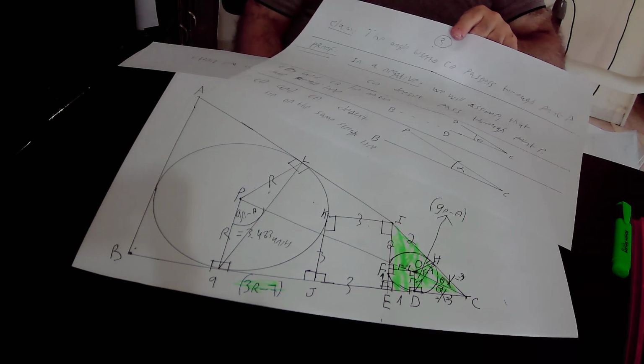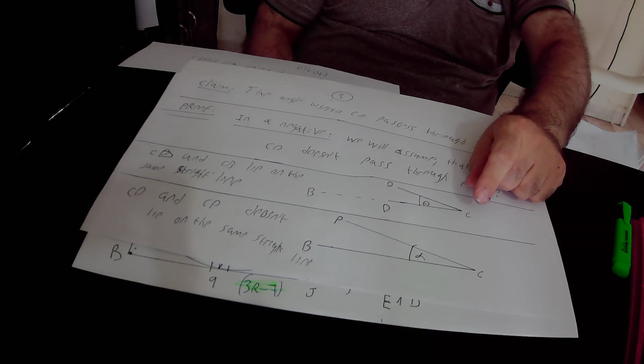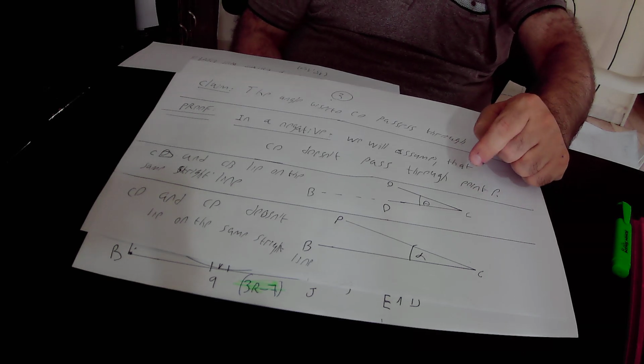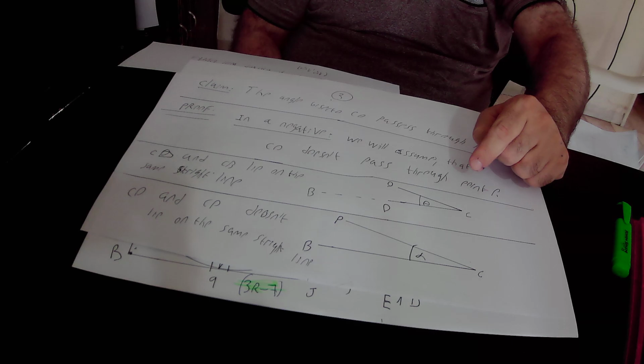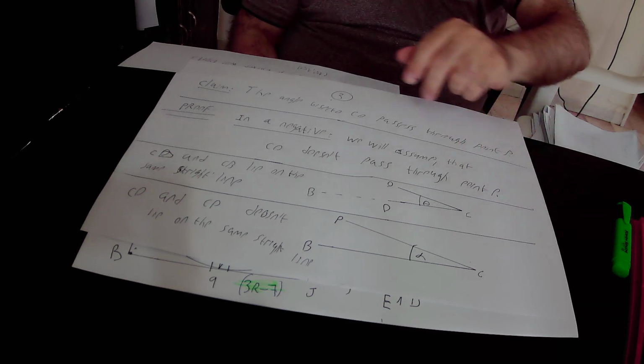So we have here two angles. One leg of those two angles lies on the same straight line, while the other legs of those two angles are not lying on the same straight line.